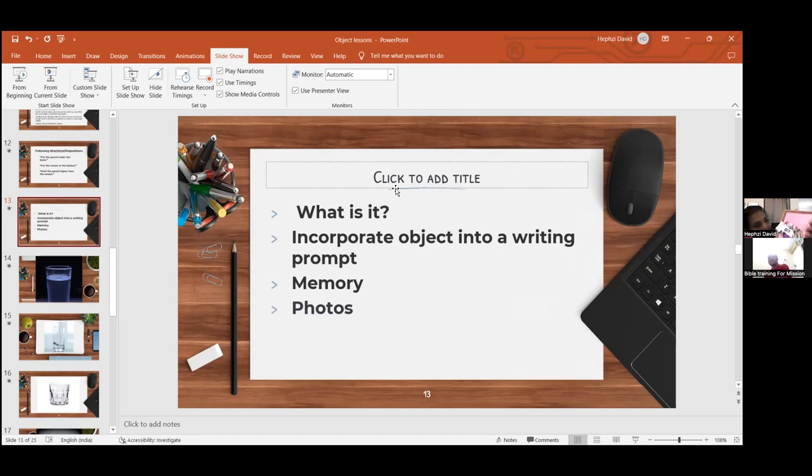Then I said, this is a family. This is a woman. This is a man. This is a couple. And then I asked them to write a few lines about their family.